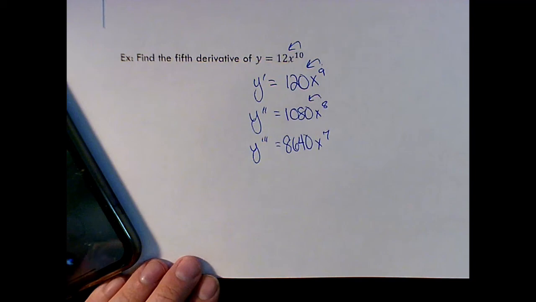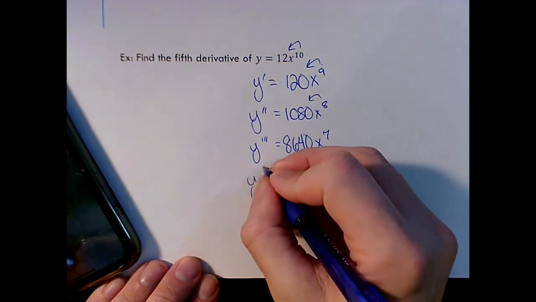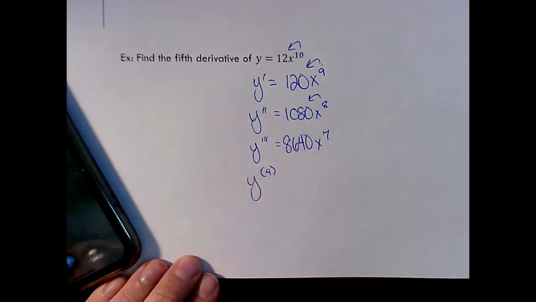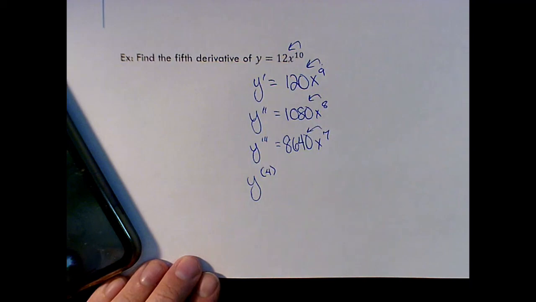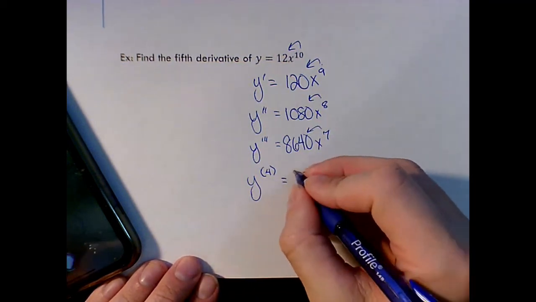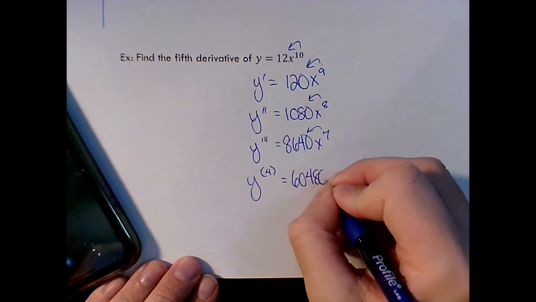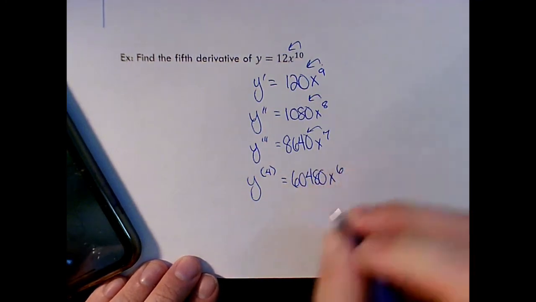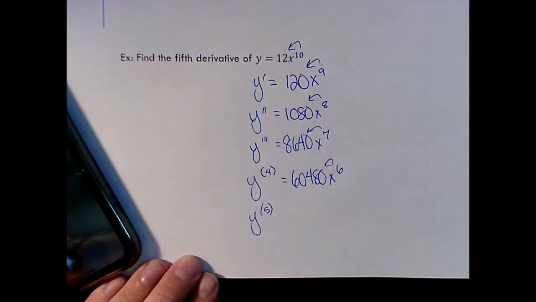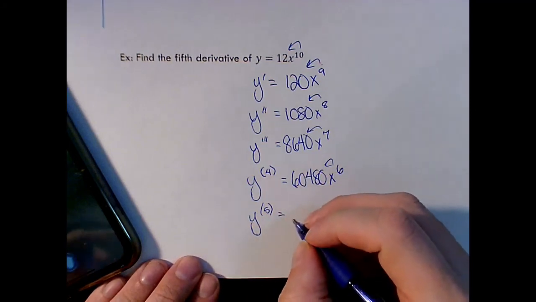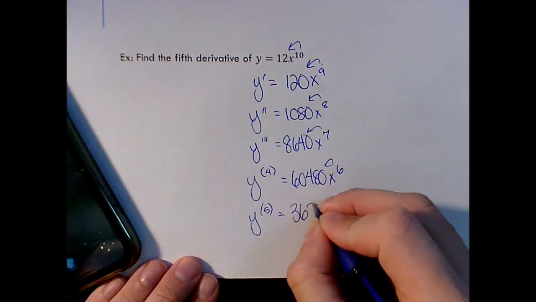Now, fun fact, once we get beyond the triple prime, we show the fourth derivative by putting it in parentheses like so. 8,640 times 7. It's 60,480. So the fifth derivative, 60,480 times 6. The answer is 362,880.